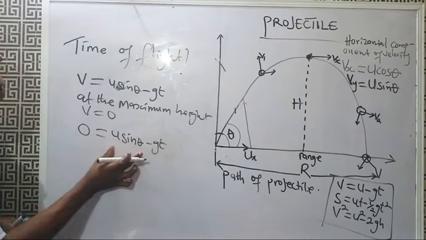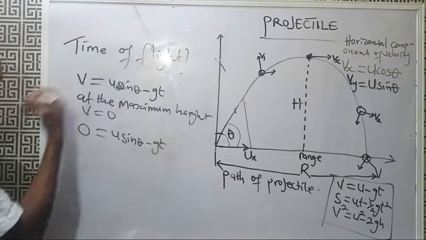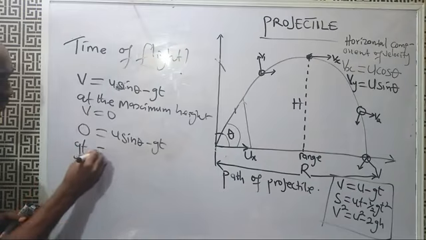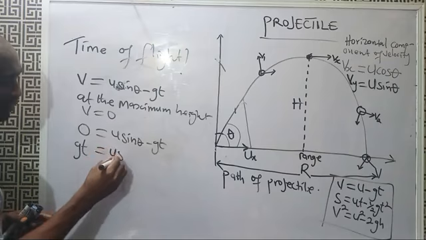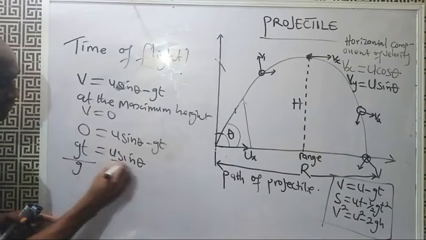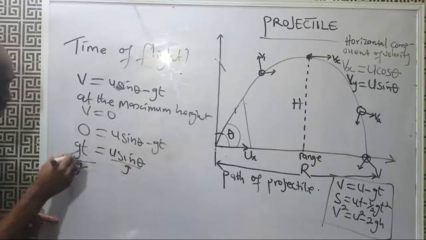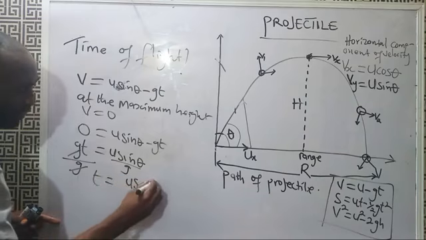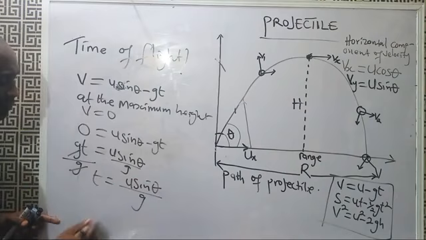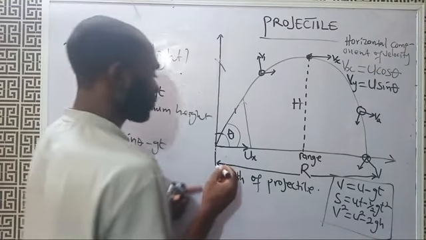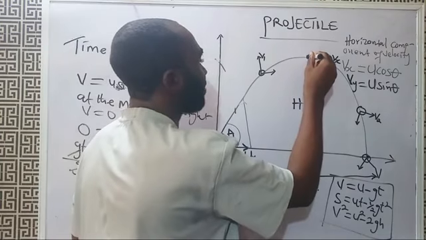Here you want to find t. You take gt to this side, then you have u sine theta. So you divide both sides by g. g will cancel g, and t will be equal to u sine theta all over g. But remember, this is just the time taken to reach the maximum height.